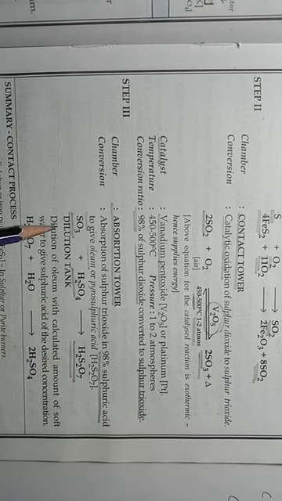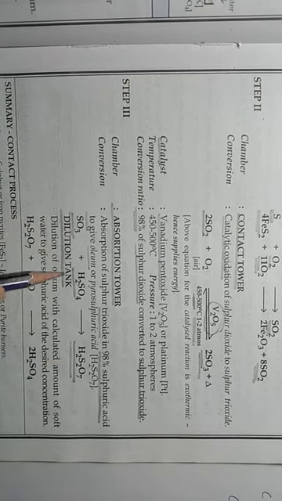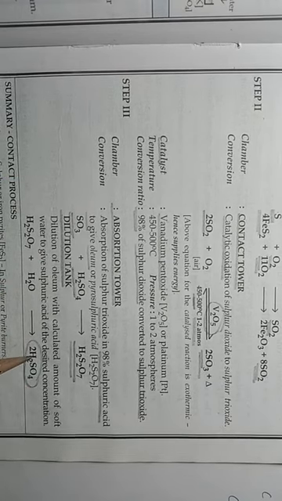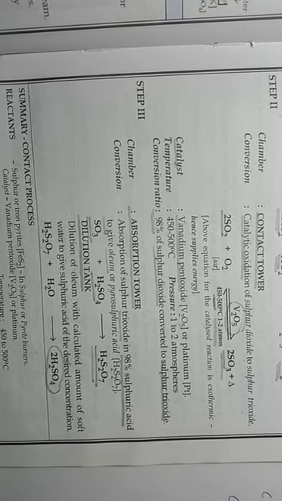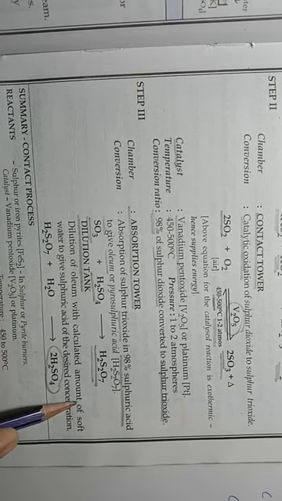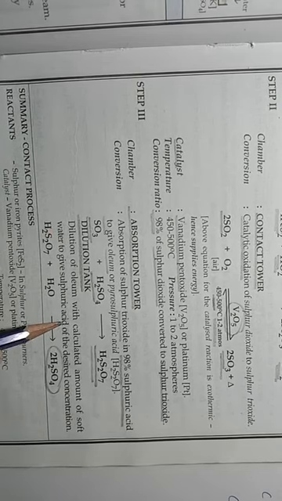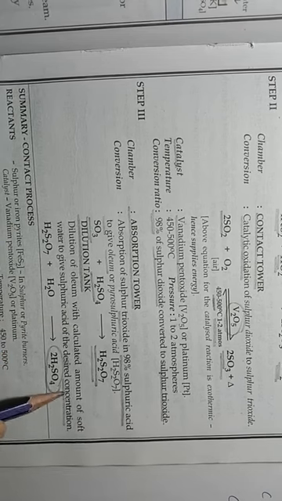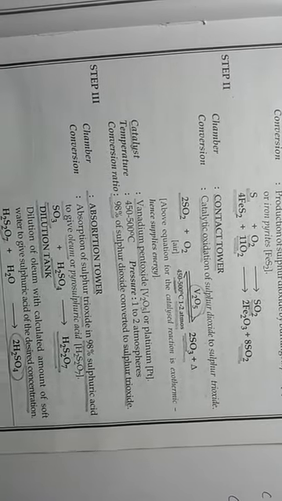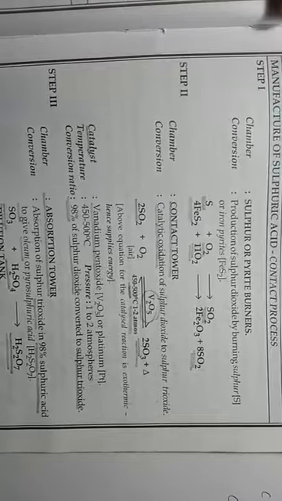Then this oleum, H2S2O7, is diluted in the dilution tank to obtain sulfuric acid of the required concentration, by dilution of oleum with a calculated amount of soft water. So this is the overall summary of the contact process, and the chemical equation summary of the contact process.